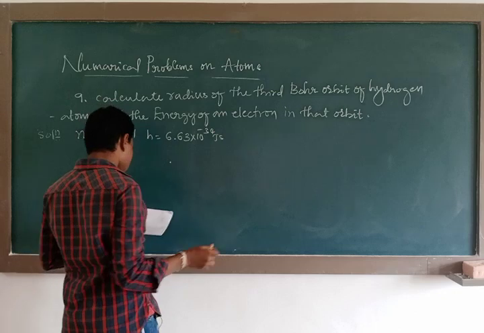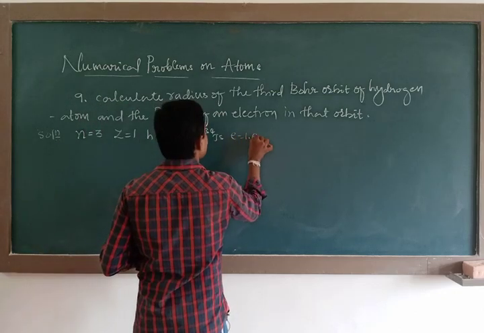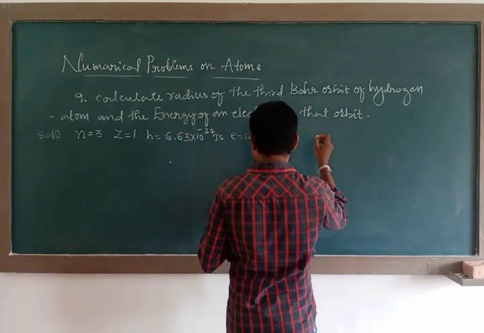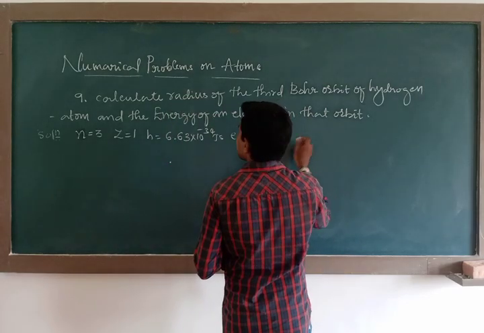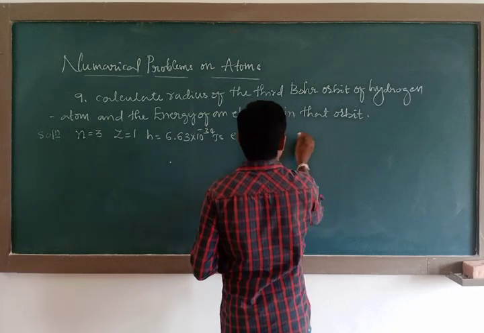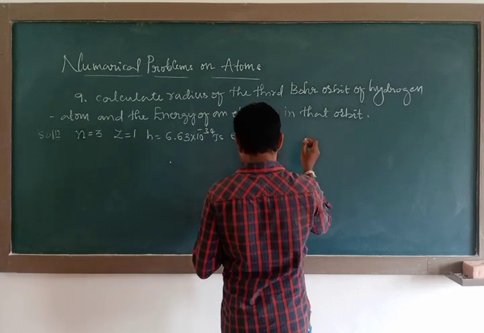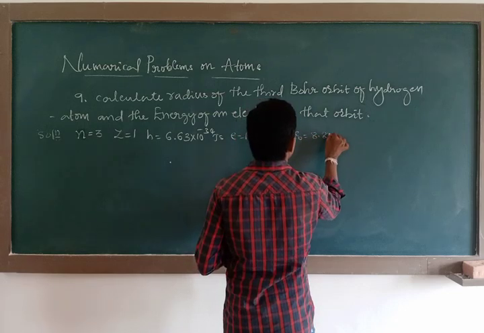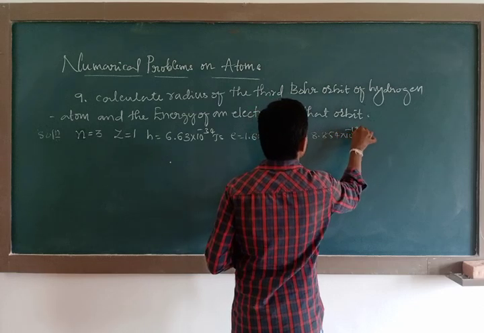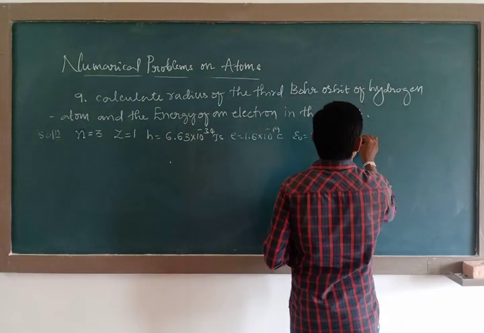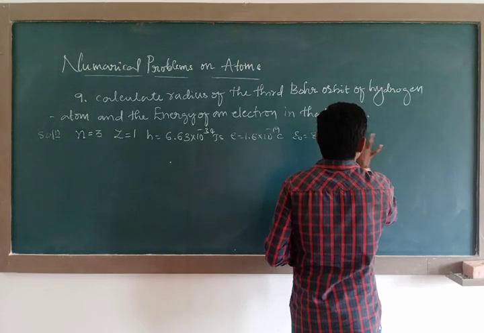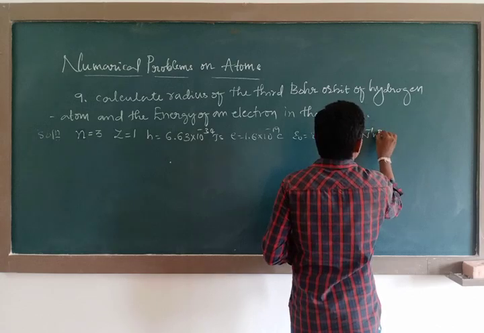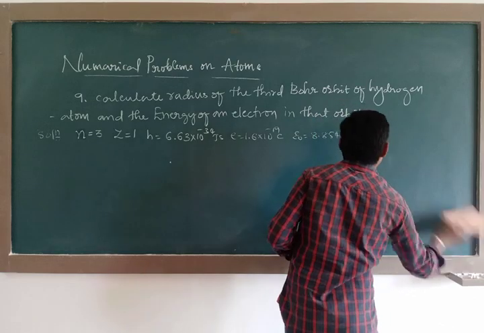They have given charge of the electron 1.6 into 10 raised to minus 19 coulomb, and even they have given epsilon naught also, 8.854 into 10 raised to minus 12 per Newton meter square.